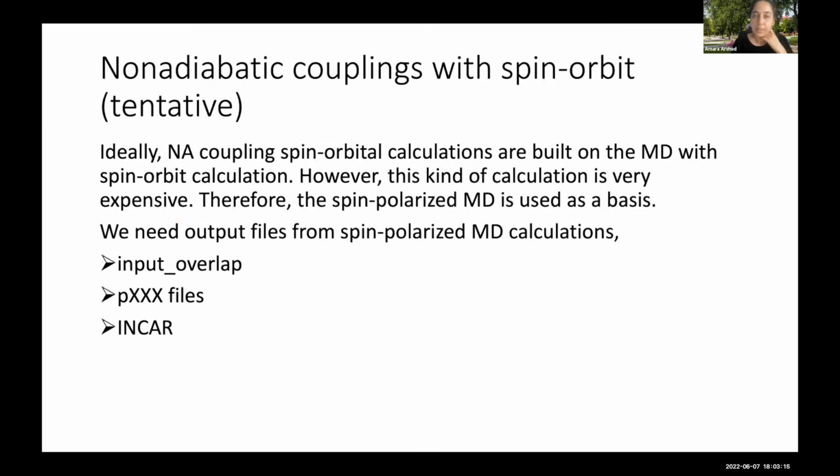For the non-adiabatic coupling with spin orbitals, the calculations are built on the molecular dynamics with spin-orbit calculation. This kind of calculation is very expensive. Therefore, spin-polarized molecular dynamics is used. We need the output files from the spin-polarized MD calculation: the input overlap, the snapshot in intermediate geometries file, and the INCAR coupling file.